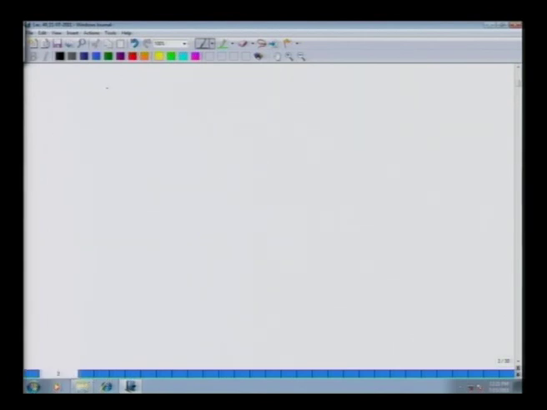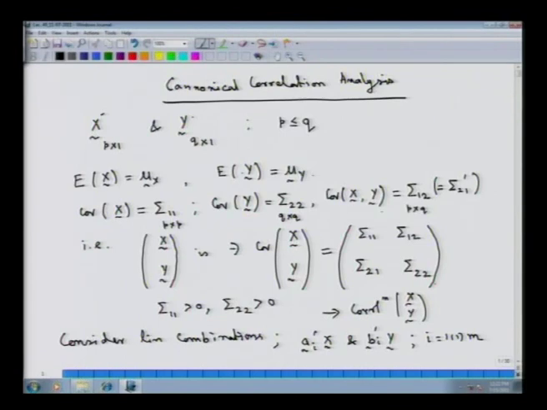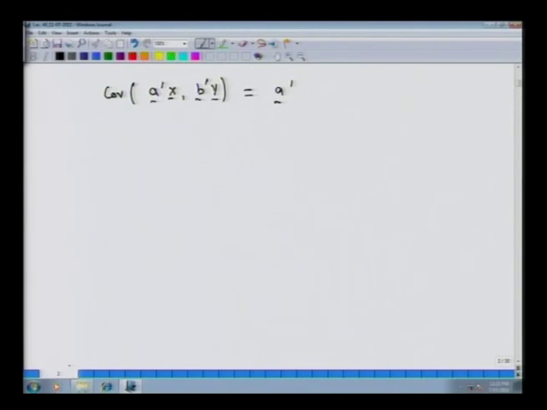Now, if we look at the covariance between any a prime x and b prime y, then that is going to be a prime, the covariance between x and y. Now, what is the covariance between x and y? In the formulation that we had here, covariance between x and y is sigma 1 2. So, this is going to be equal to a prime sigma 1 2 times b.